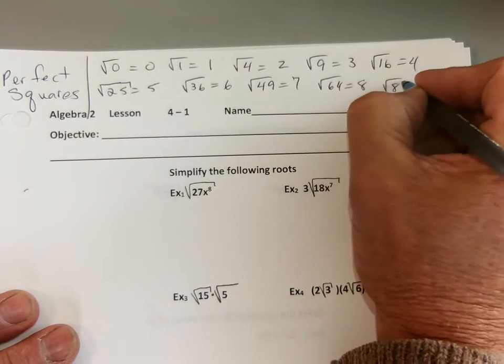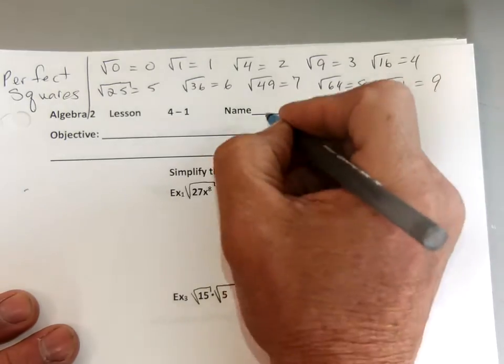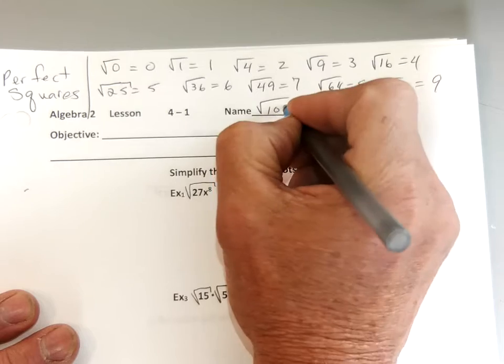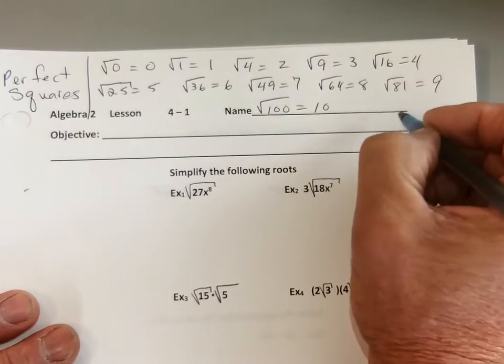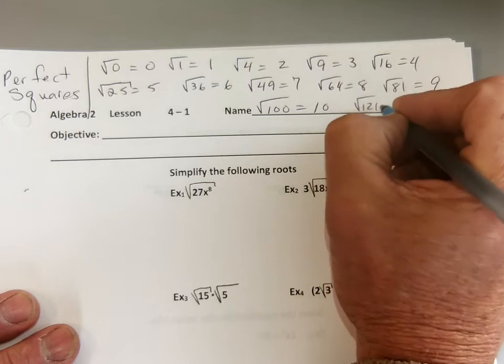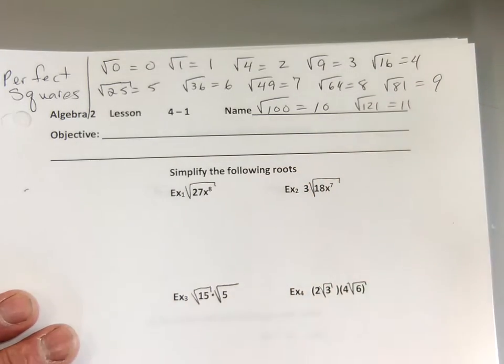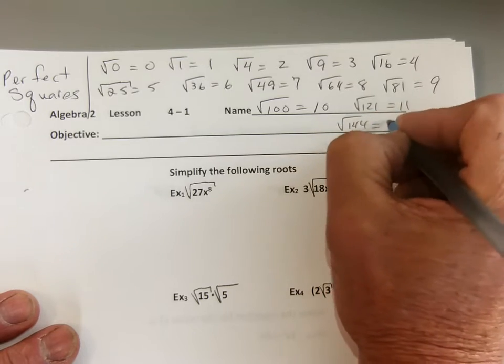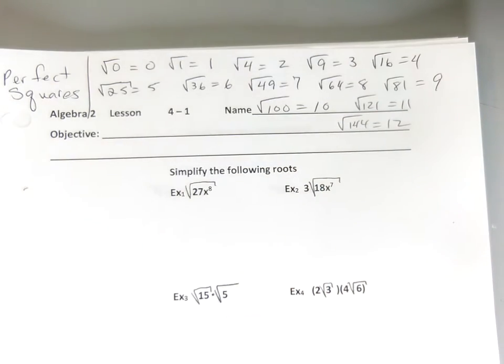The square root of 81 is 9. I'm going to write down some more. The square root of 100 is 10. Two more. The square root of 121 is 11. That was in your warm-up. And finally, we know the square root of 144 is 12. And of course, they keep going, okay?